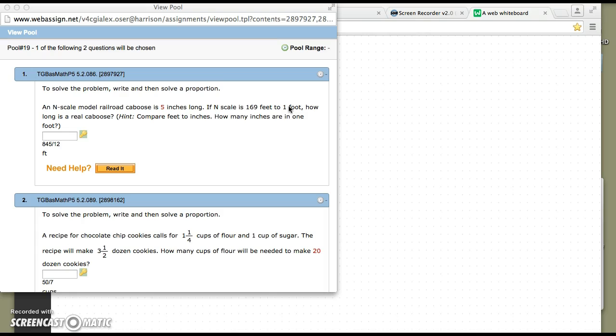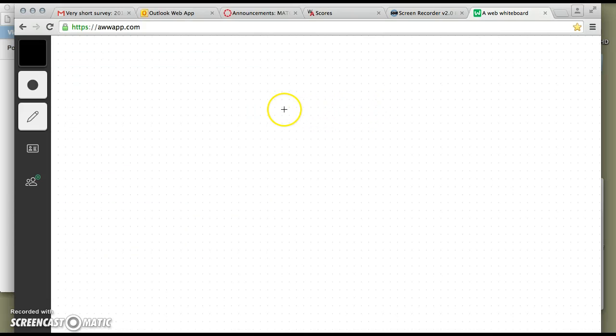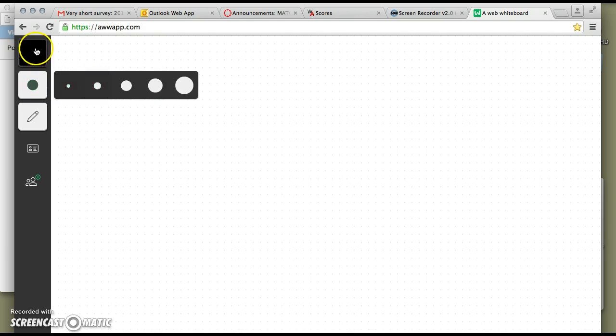What we need to do first is realize that our caboose model is in inches, 5 inches long, and the scale is in feet. So we need to think about this in feet instead of inches. Our scale here is 169 feet to 1 foot.